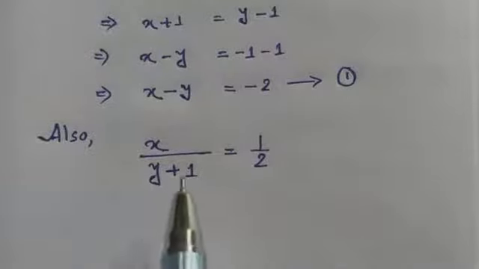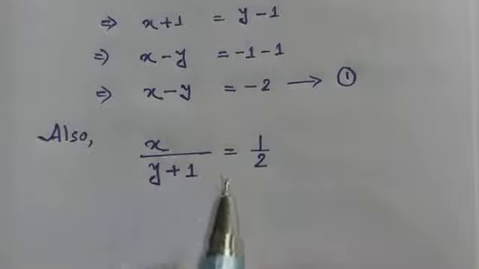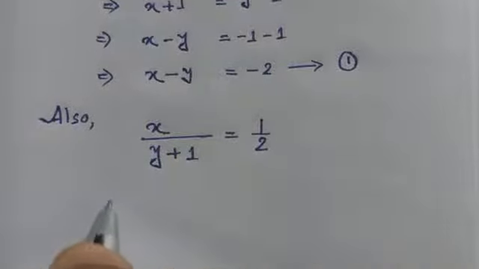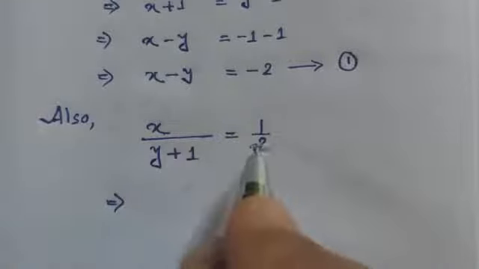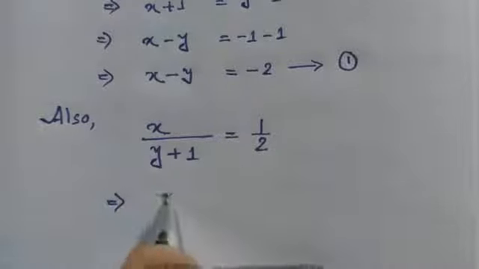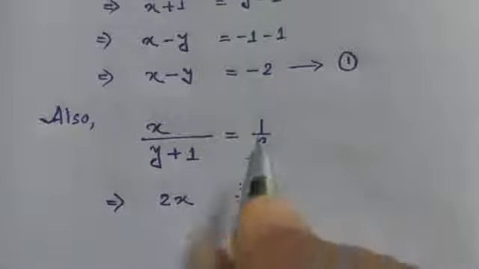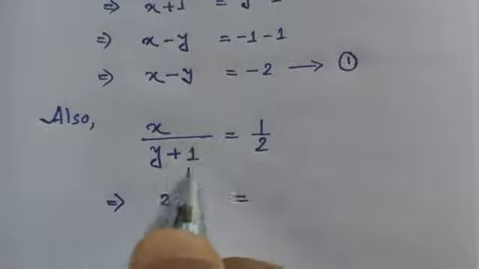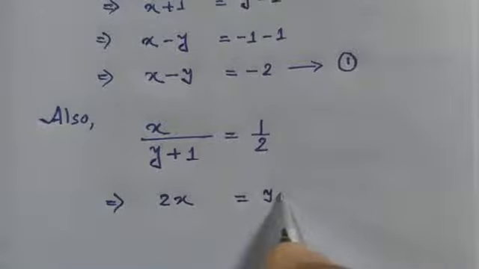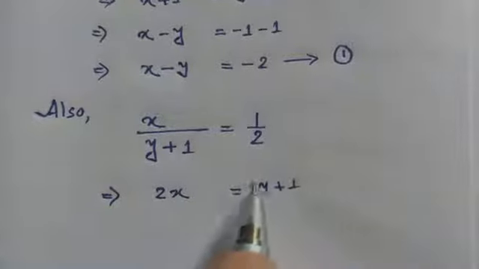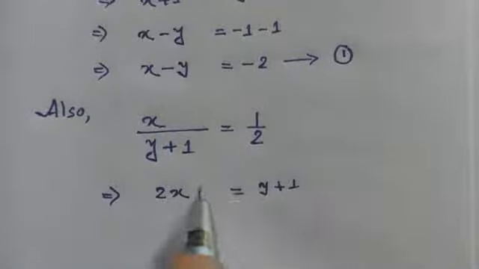After that, let us cross multiply this. If you cross multiply this, then 2 and x will be multiplied crosswise. So 2 times x, and 1 with y plus 1, this whole thing will be multiplied, and finally it would give you y plus 1. Let us shift this y this side.